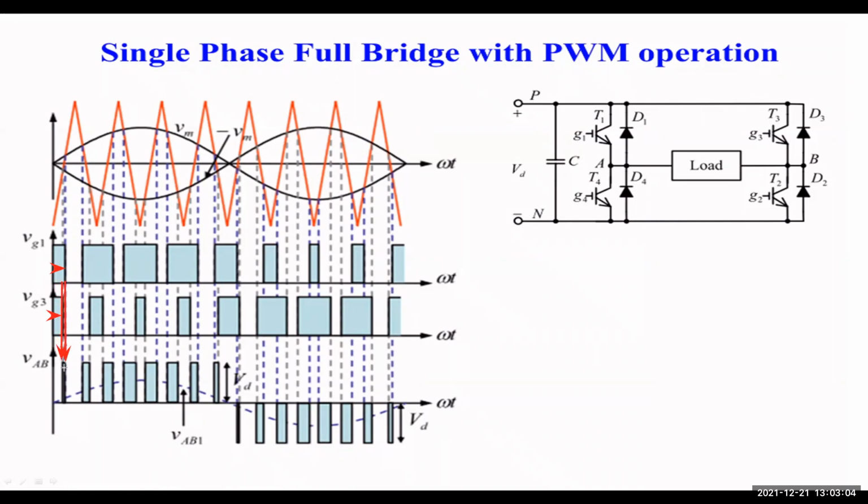So like this, this is our output voltage. Because of that difference, we will get this type of output voltage.